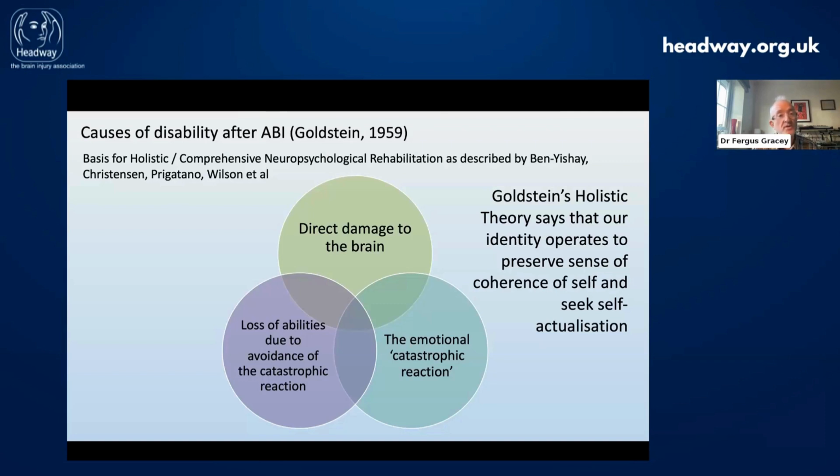I think we're really good in rehab with the direct damage to the brain bit. We're developing our ability to respond to emotional responses, but I think formulating the consequences of brain injury as being distributed across these three areas is really key. And this comes from Goldstein's holistic theory of identity.